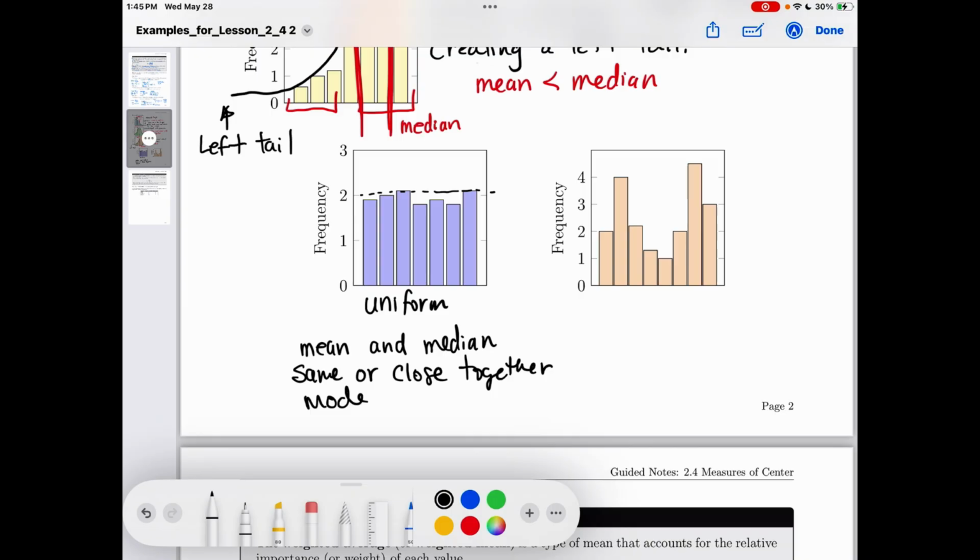And then for your mode, you would most likely have none, because if all of the values have a frequency that is about the same, then you're not going to have one value that occurs more than the other. So if it's exactly symmetric, you're not going to have any mode.